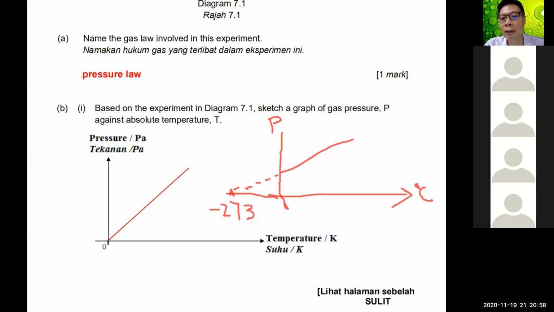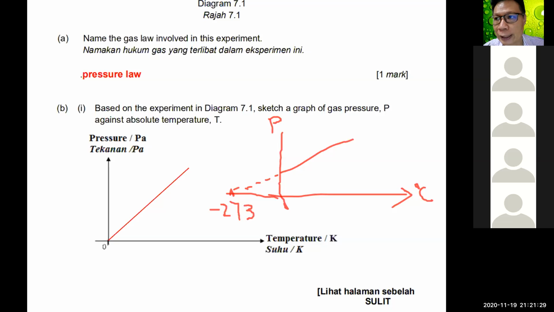Is it absolute temperature, not absolute zero? Absolute temperature refers to the Kelvin scale. Absolute temperature means the temperature is in Kelvin. Absolute zero is different. Absolute zero means 0 Kelvin, or negative 273.